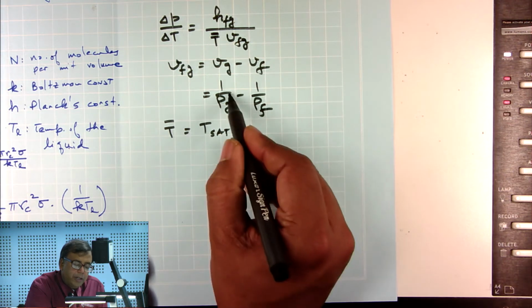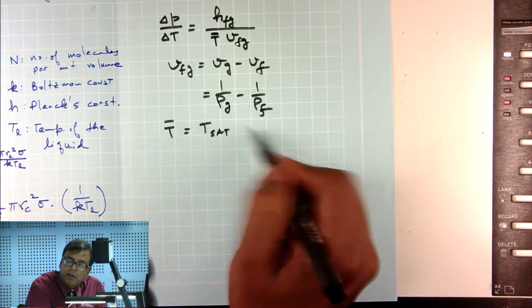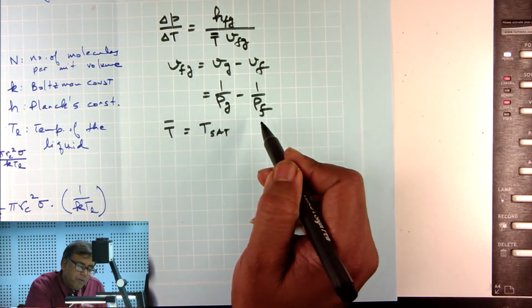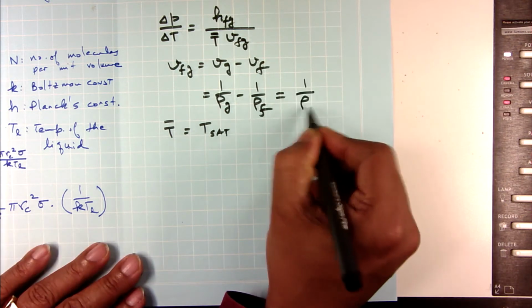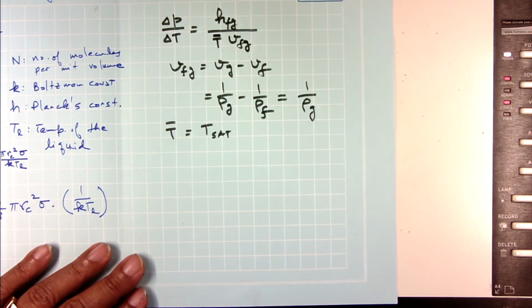So, typically your liquid density is of the order of 1000, your vapor density is of the order of 1, right. So, this in essence becomes equal to 1 by rho g, okay. VFG is basically 1 by rho g.